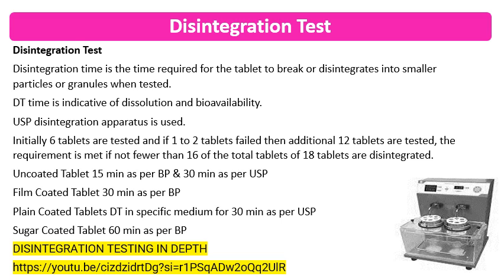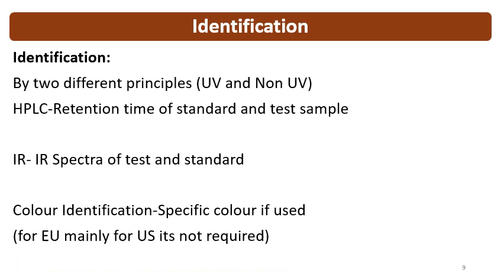Like sugar coated tablets have a DT limit of 60 minutes as per British Pharmacopoeia. Generally 6 tablets are used, and if one or two of the 6 tablets fail the DT test, then additional 12 tablets are tested, and if the requirement is met, that means not fewer than 16 of the total 18 tablets are disintegrated, then the formulation passes the DT test.